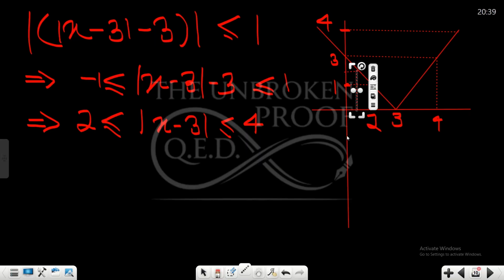For x equal to 0 you will get 3, and for x equal to 5 you will also get mod of x minus 3 as 2.